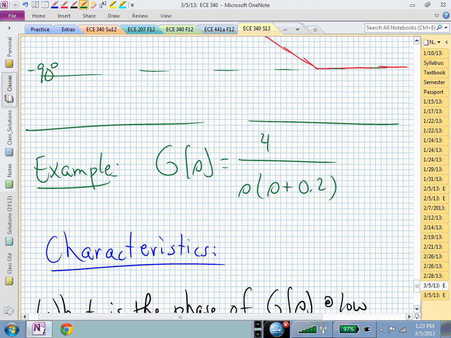What's your DC gain? What's DC? 0, right? So now if I plug in S equal to 0, what's happening? It's not very well behaved, is it?